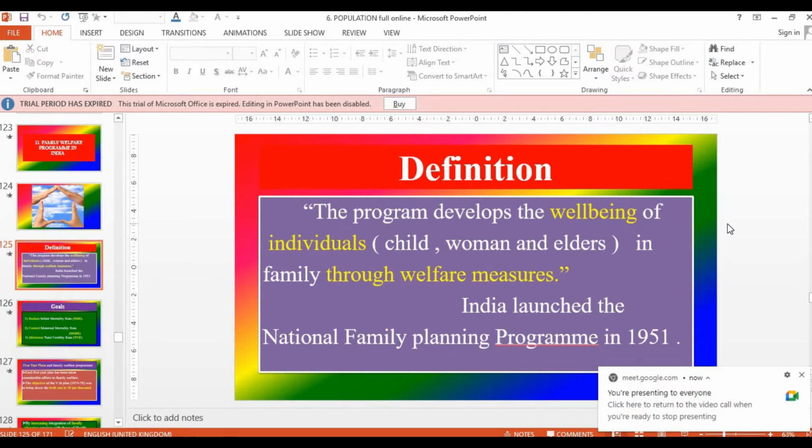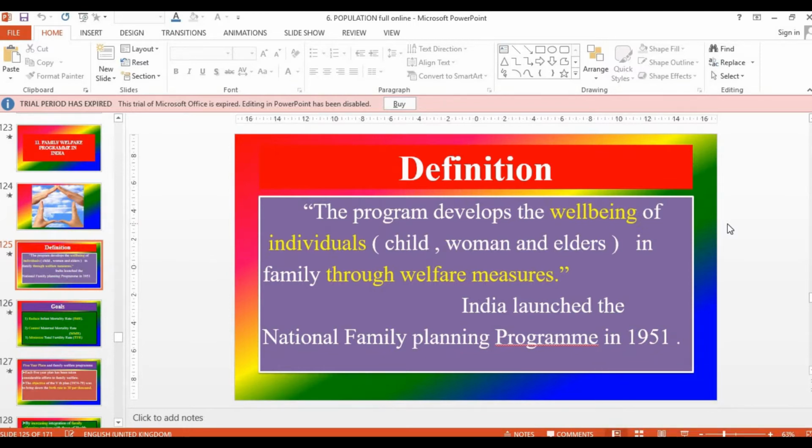Next, define family welfare program. It is a program developed for the well-being of individuals. Who are the individuals? Child, woman, elders.